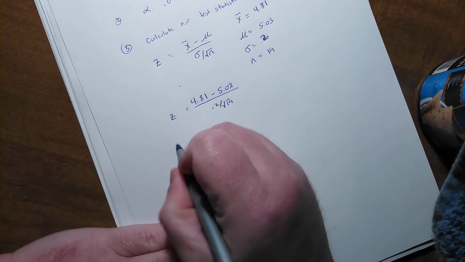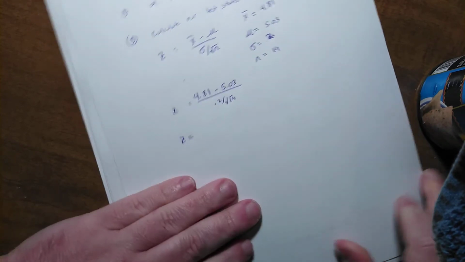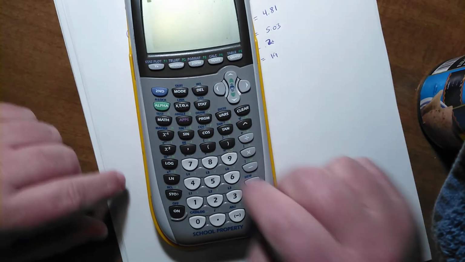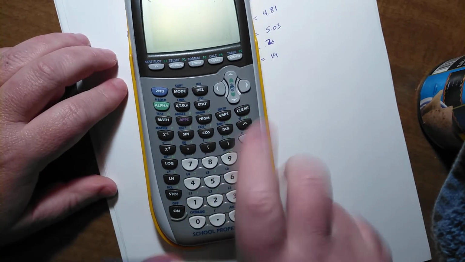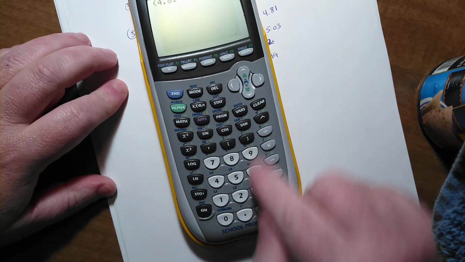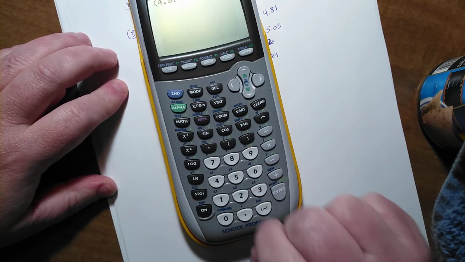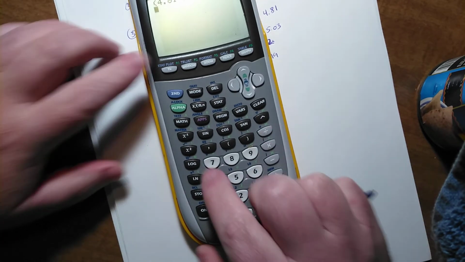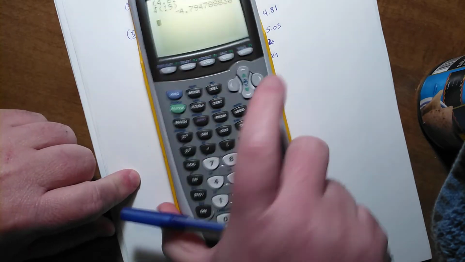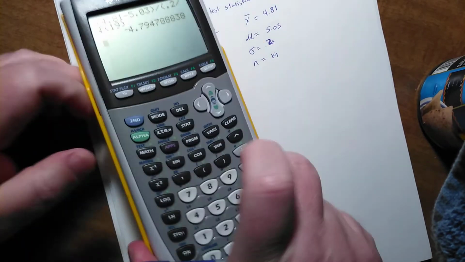So again, doing this by calculator, I'm going to go ahead and show you all the dirty stuff with this. That was 4.81 minus 5.03 in parentheses divided by 0.2 divided by the square root of 19, and we're going to get a z value of negative 4.79.